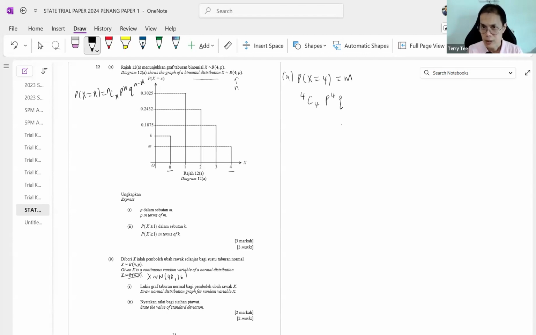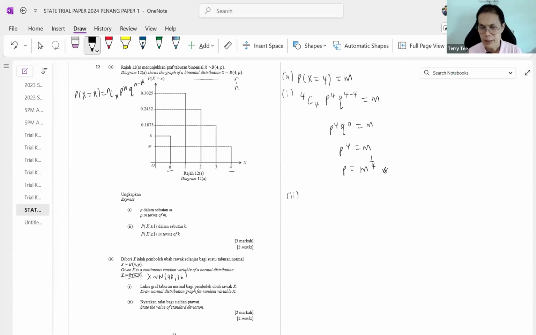Q is probability of failure, is 4 minus 4. The result is m. Now 4C4 is actually 1. And this is q power 0. Q power 0 is also 1. Yeah, maybe I write one more step for you. So your p power 4 is m. P is m power 1 over 4. Yeah, there you go. You got your p in terms of m.